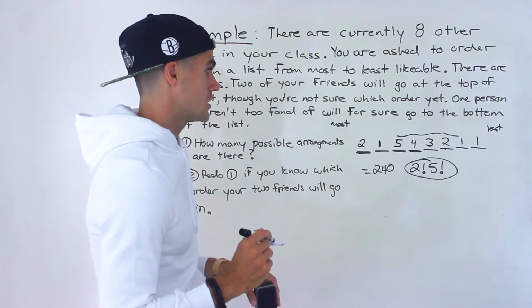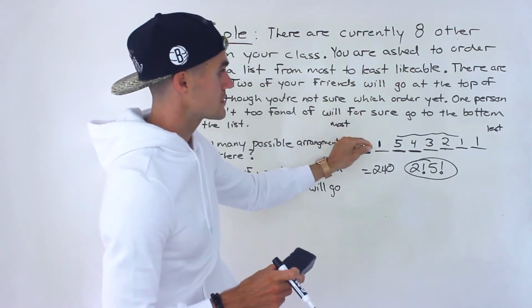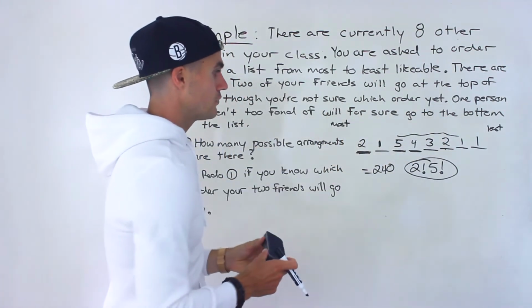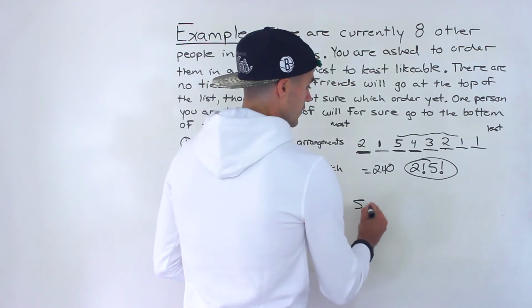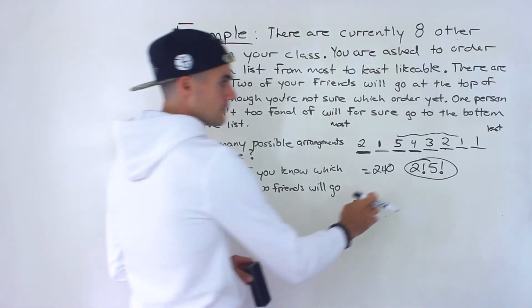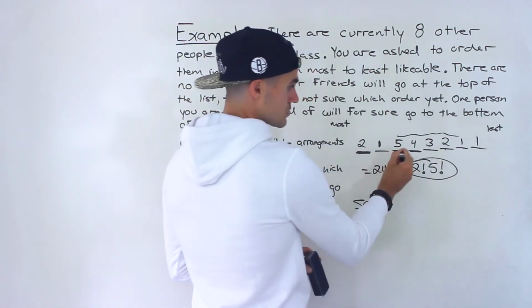Another thing I want to mention is, in this case, there was 8 other people in your class, so drawing it out like this isn't too big of a hassle. But what if I said there was 50 other people in your class? Well, then it might be useful to use factorials. Basically, these ends are still going to stay the same.